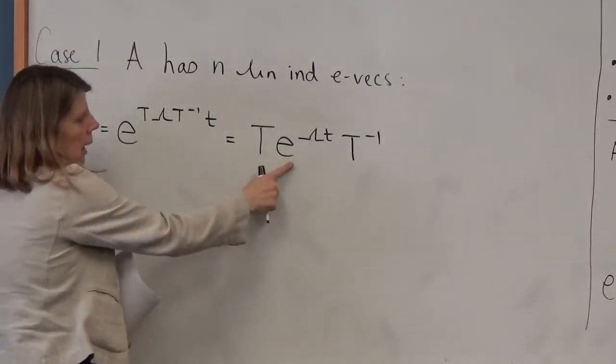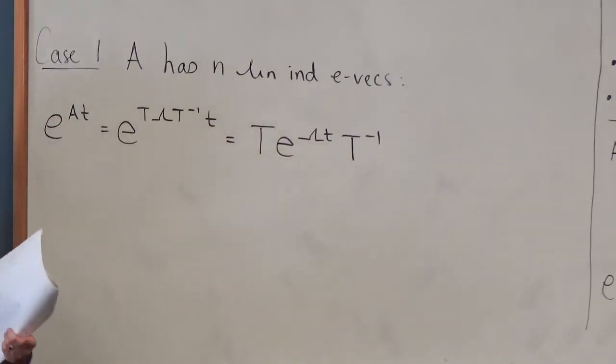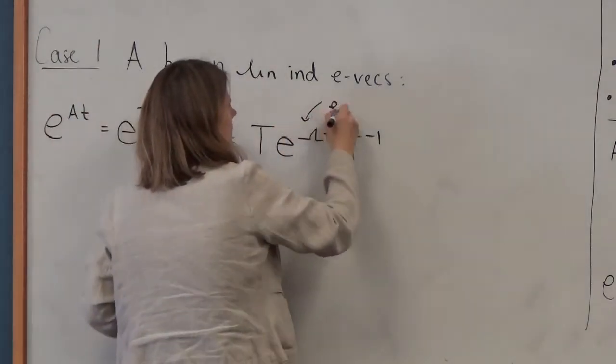And this is a whole lot easier to compute than e to the At, right? Because how do you compute e to the lambda t? sI minus lambda. Immediately, without even doing any math, you can compute the inverse Laplace transform because it's diagonal. You don't have to factor anything, it's all right in front of you. Okay, so this is easy to compute.